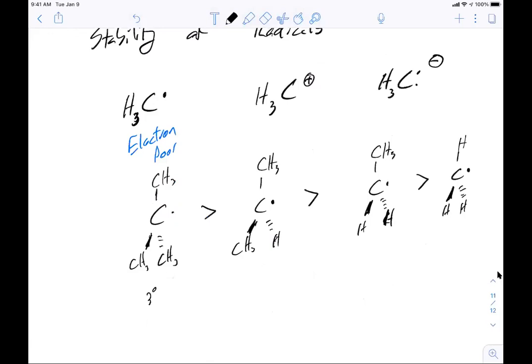So the tertiary radical is more stable than the secondary radical, more stable than primary, more stable than the methyl. Okay, just like with our carbocation.